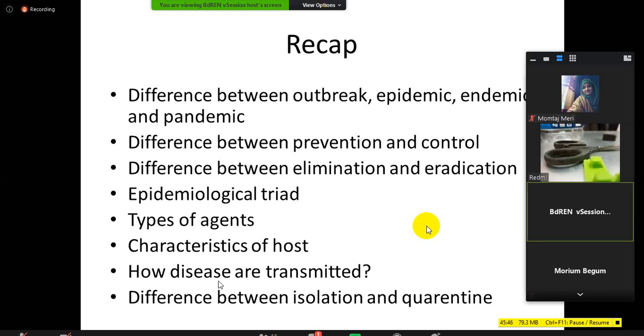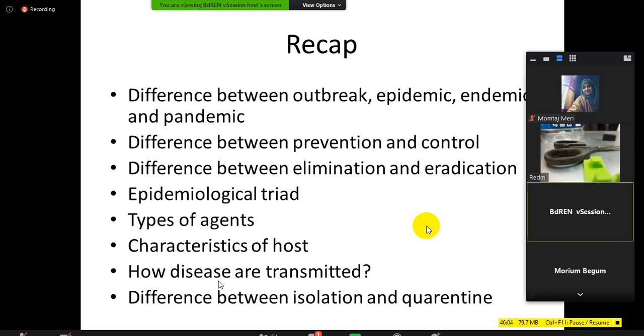Indirect transmission may happen either by vector or vehicle. Vector means something that has life, like cockroaches, flies, mosquitoes. They can carry the virus, the microbes, and transmit to another person.